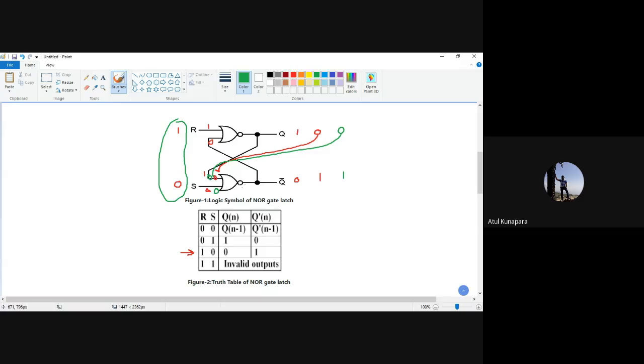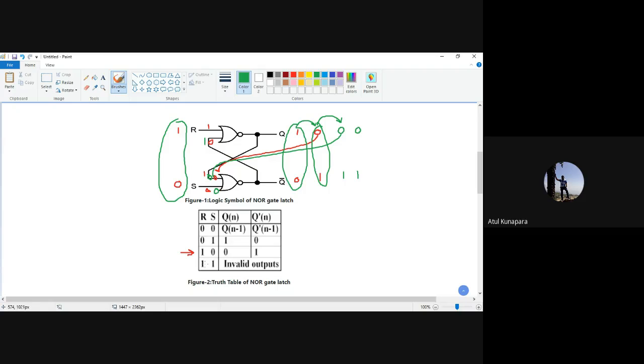So this 0, 0 will make your output remain 1, and that 1 when it comes here will give 1, 1, so output remains 0. That means it is not going to change. If it has a condition like this, then only it is going to convert it to 0, 1. But if it is already 0, 1, then it will keep it as it is. That's what I want to tell you here, for the condition when you are giving R equal to 1 and S equal to 0. So am I making this clear now?